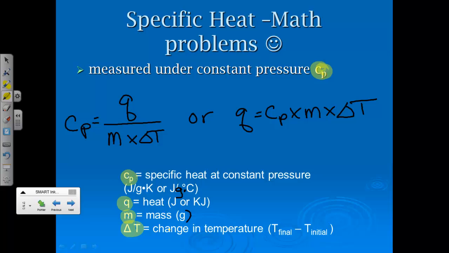The delta symbol refers to change, and whenever you measure the change in something, and we talked about this earlier with heat transfer, it's always temperature final minus temperature initial. That way, if you have a positive delta T, it means that the temperature increased from start to finish. If you have a negative delta T, it means that your temperature decreased.